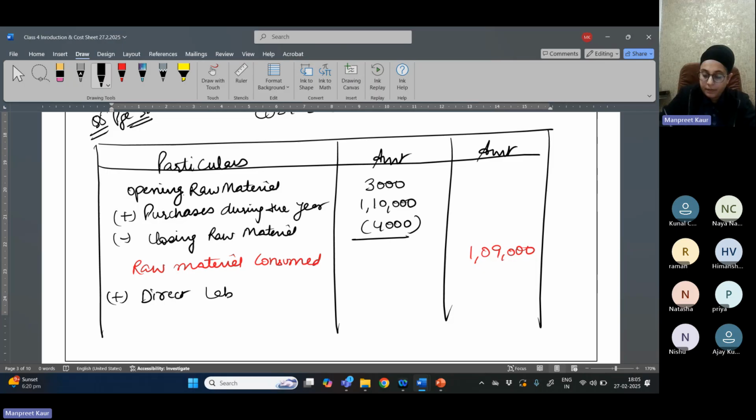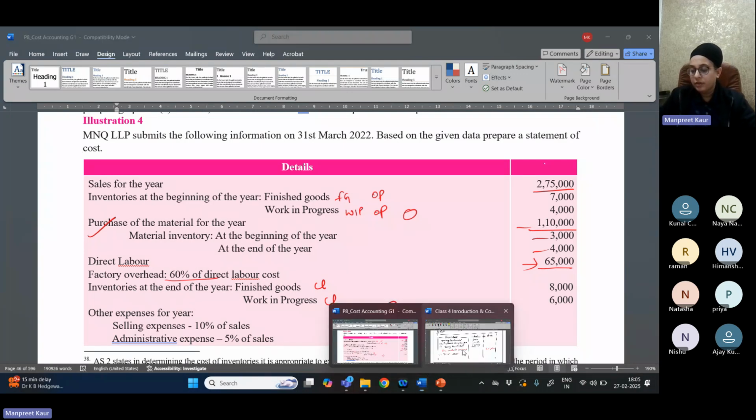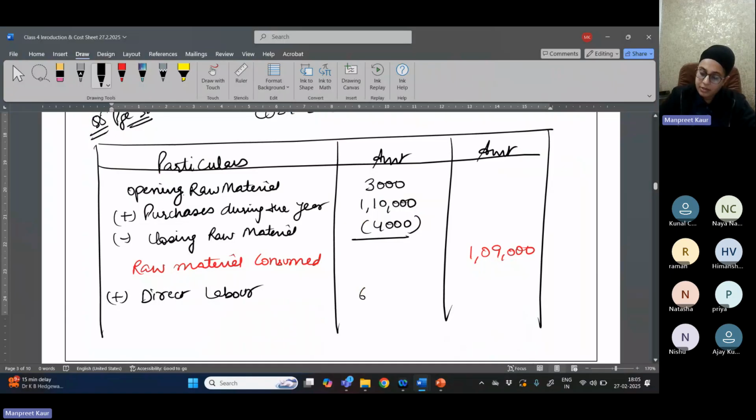direct labor. Direct labor is 65,000. Factory overhead is 60% of direct labor cost. And we have WIP opening and closing stock. First of all, we will write direct labor, that is the 65,000.